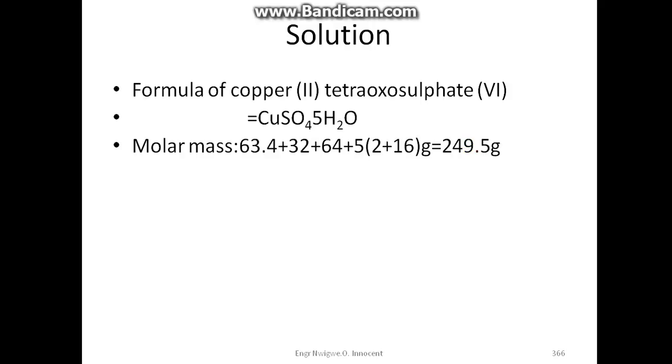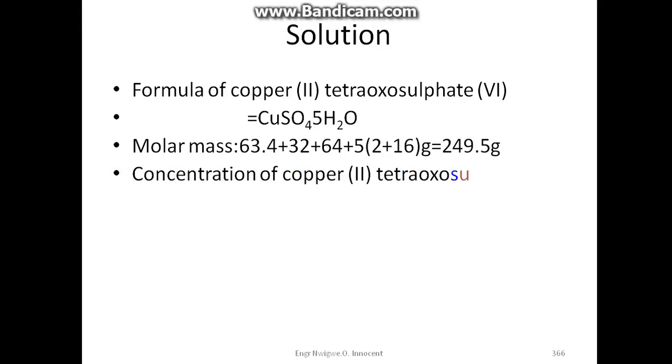Copper is 63.5 plus sulfur is 32 plus oxygen, which is 16 times 4, plus 5 times hydrogen, which is 1 but having 2 atoms, that is 2, plus 16 molar mass of oxygen gram, which is, after the summation, 249.5 molar mass of copper(II) tetraoxosulfate(VI).